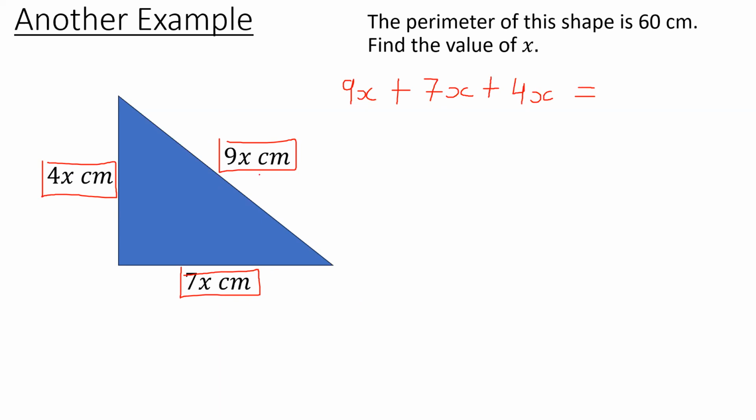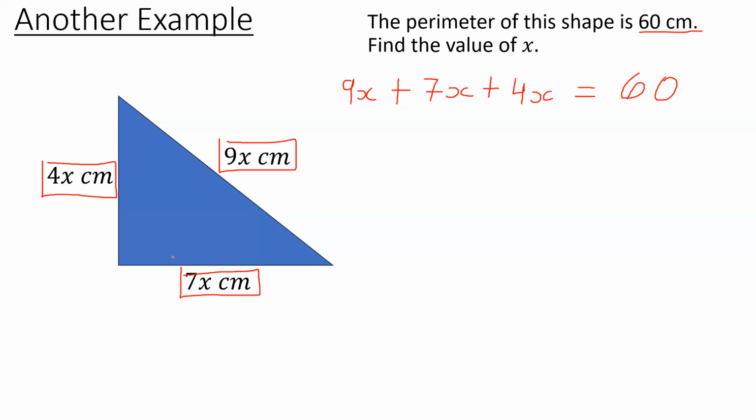What's the perimeter? What did they say the perimeter of the shape is? 60. So you have to say it's equal to 60. You can't say it's equal to anything else. Good. Do we understand this so far? 9x plus 7x plus 4x is equal to 60, because that's what the perimeter is.